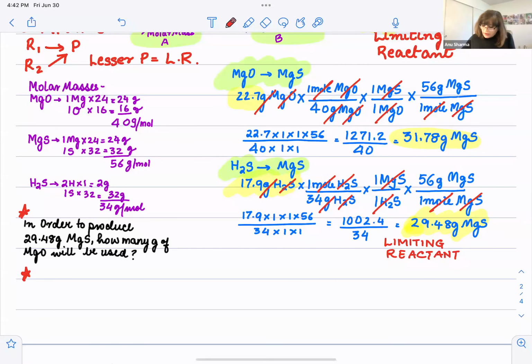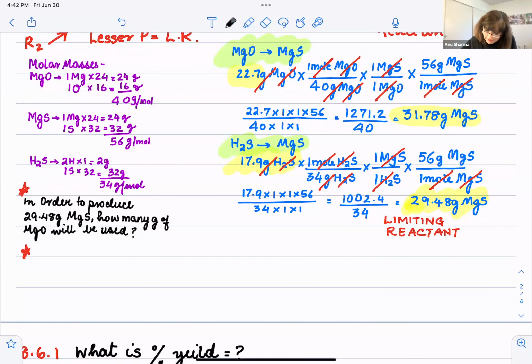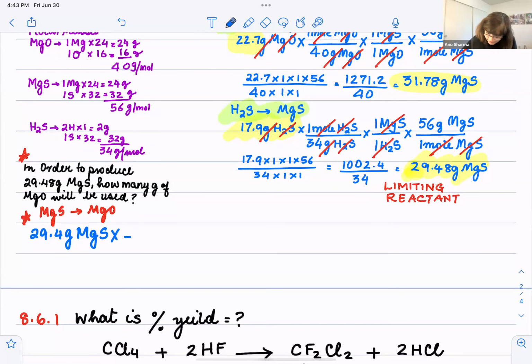Okay, so we want 29.48 grams of magnesium sulfide. Here we are looking at the relationship of magnesium sulfide to magnesium oxide. So write it down: 29.48 grams of magnesium sulfide times 1 mole, same strategy, 1 mole of magnesium sulfide is 56 grams.